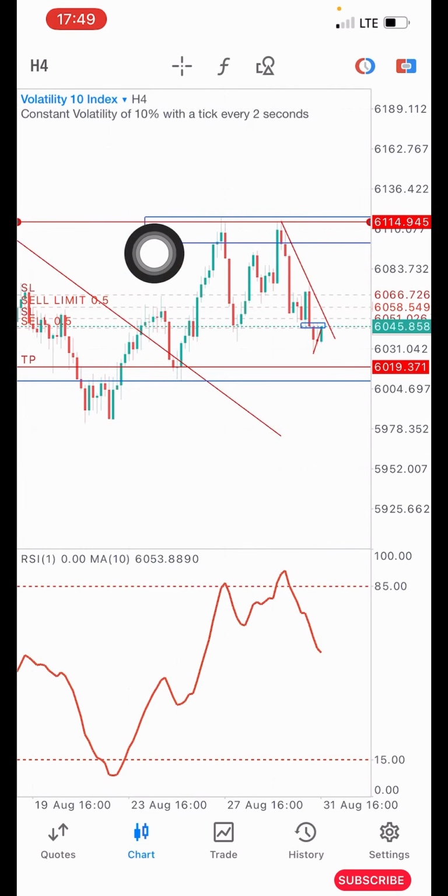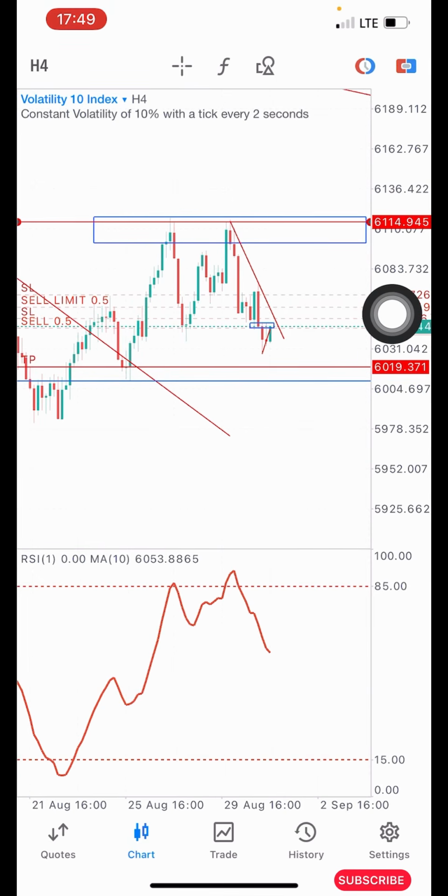This structure is a very powerful and strong area of support and resistance. Once price got to this area, it got rejected, got back there again, and was rejected again. This is what the 4 hours time frame is trying to explain to us, and this is why I marked this zone.